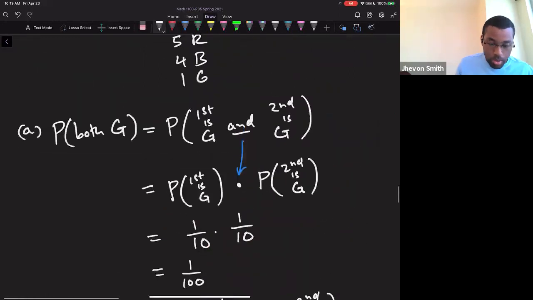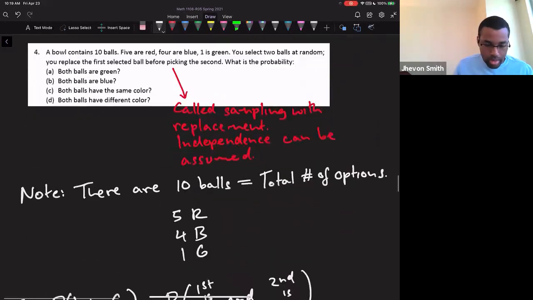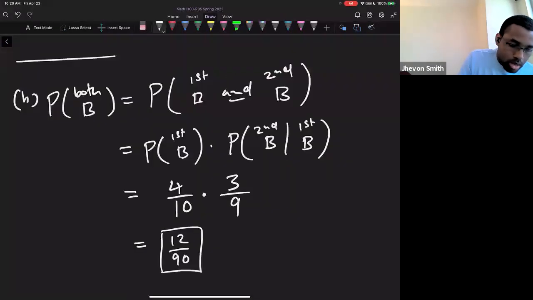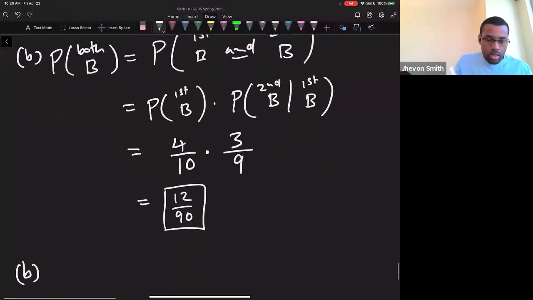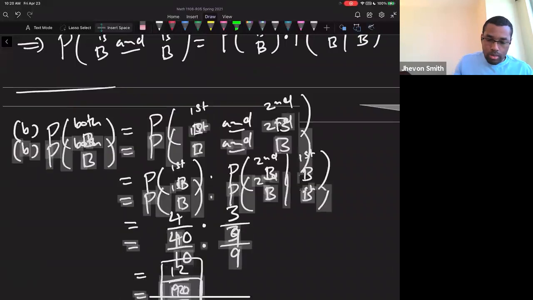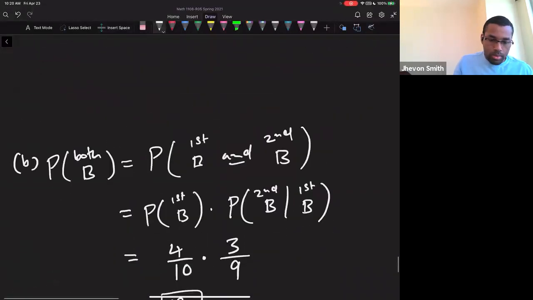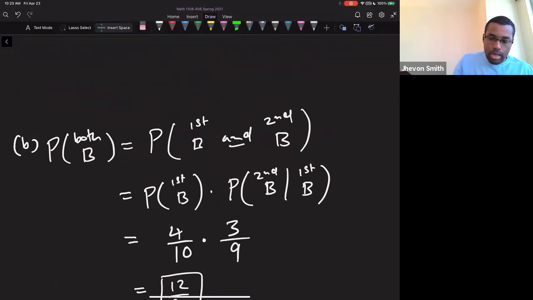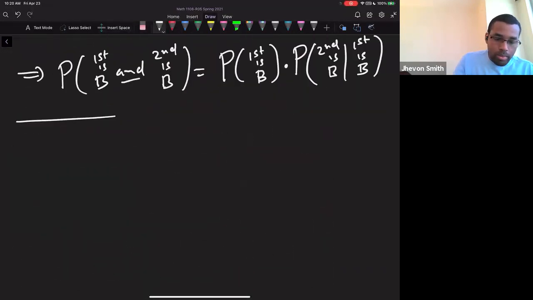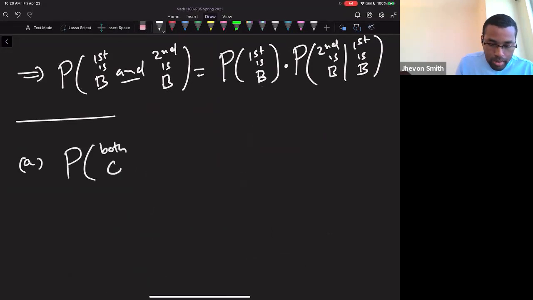A was probability both were green, so I just did B. Can I move this down? Now, the probability both are green should be a little bit obvious, I think.